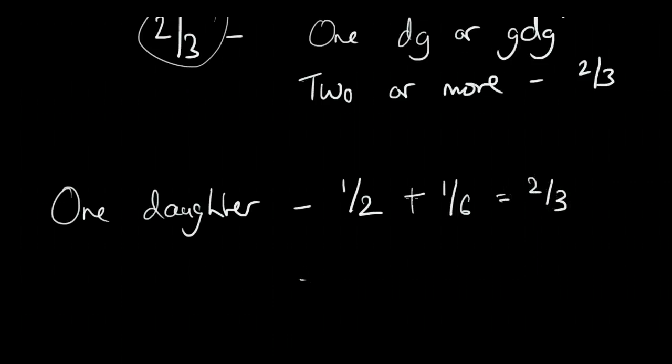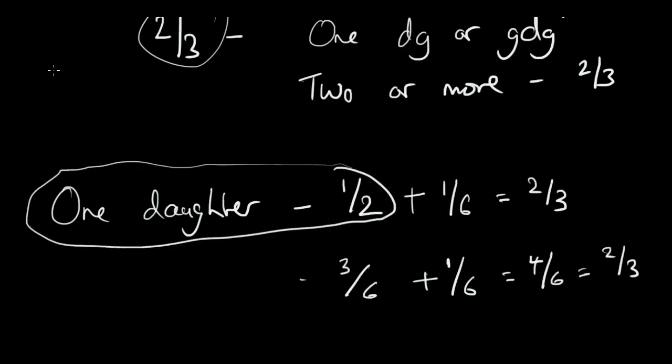The proof for that is if we take it all from 6 parts, the lowest common denominator between a half and a sixth is 6, so that's 1/6, and a half is 3/6, which is equal to 4/6, and that can be boiled down to 2/3. So if one daughter is to take a half, then that leaves a sixth for the granddaughter, and so the granddaughter takes a sixth of the remainder, which is what's left.